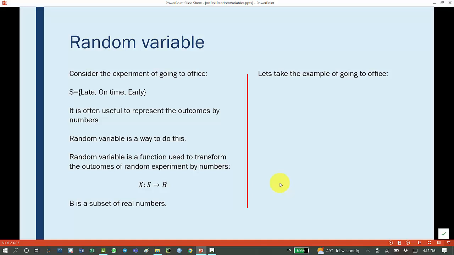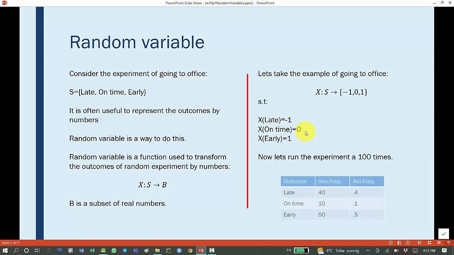Let's consider the example of the experiment of going to office and define the random variable X from S to {-1, 0, 1} such that X of late is -1, X of on time is 0, and X of early is 1. Remember that these 0, 1, and -1 are just codes that we have chosen for the outcomes of our experiment.